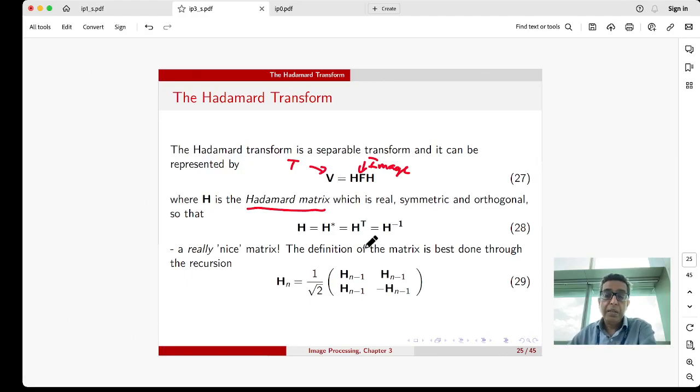And the definition of the matrix, although there are different ways you can define it. For example, you can find definitions of the Hadamard transform that are only restricted to certain sizes of image, so only images that are an integer power of 2 in size.